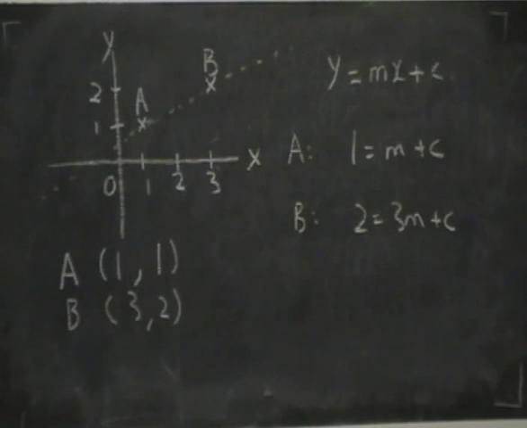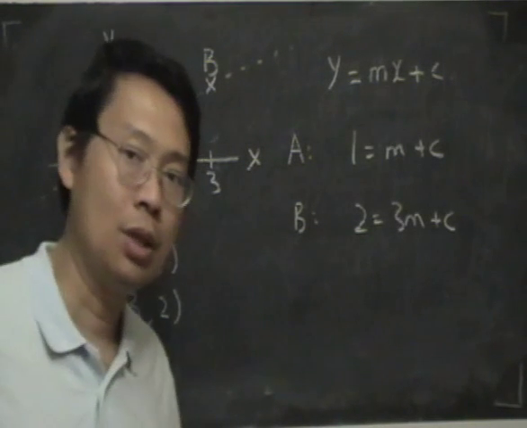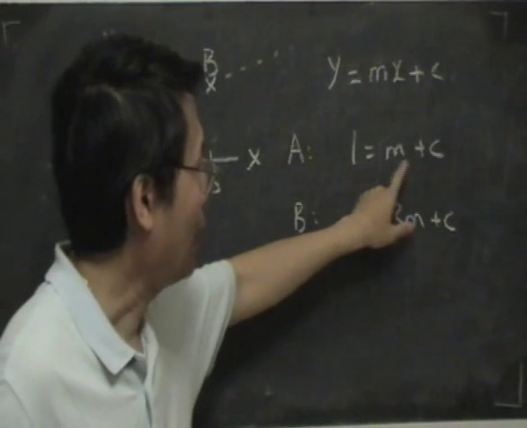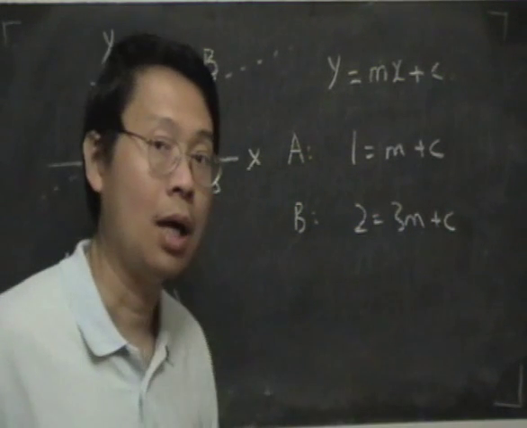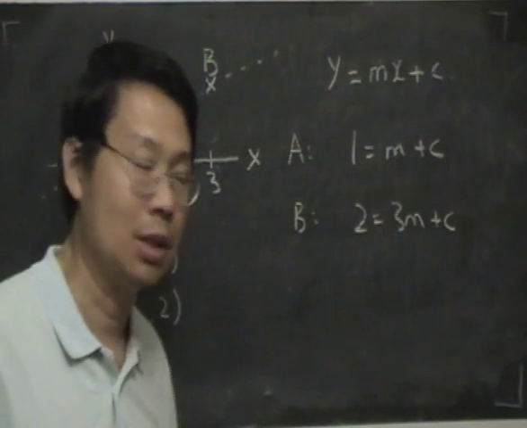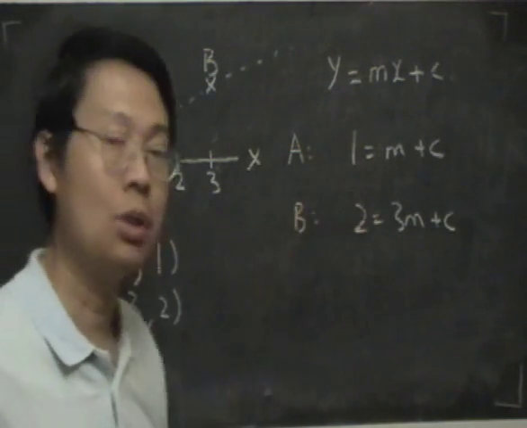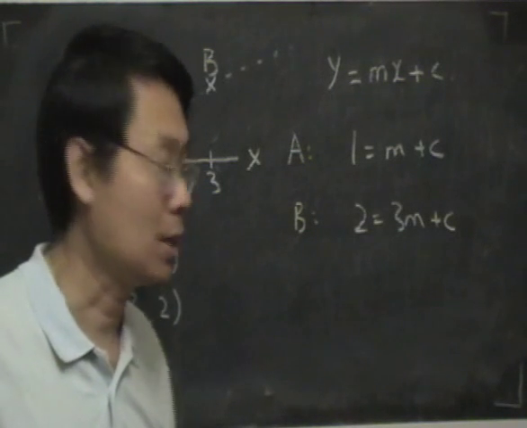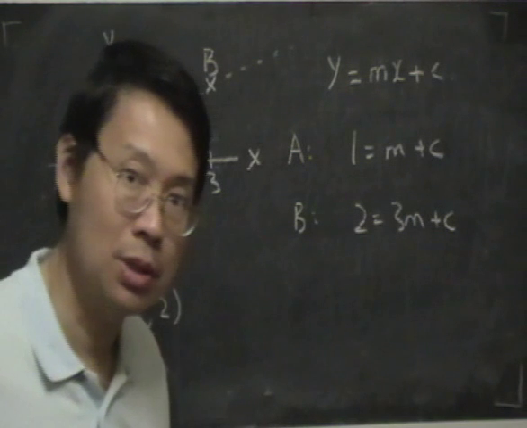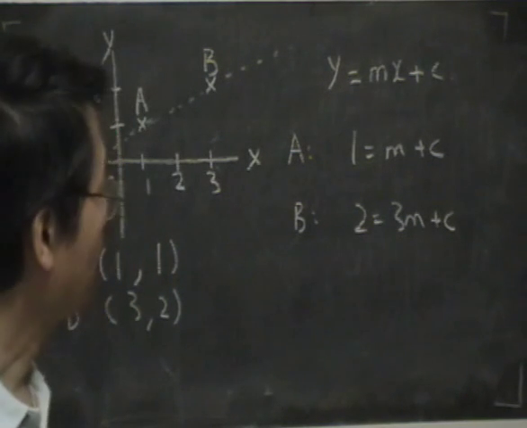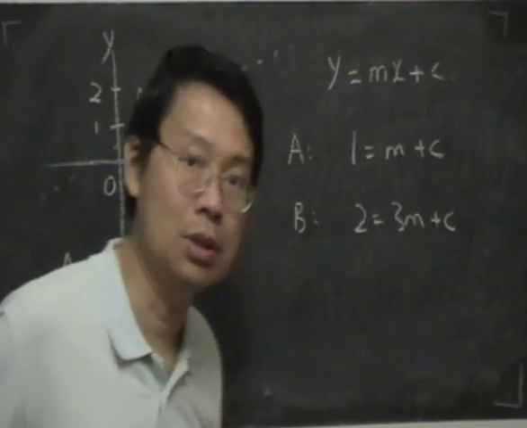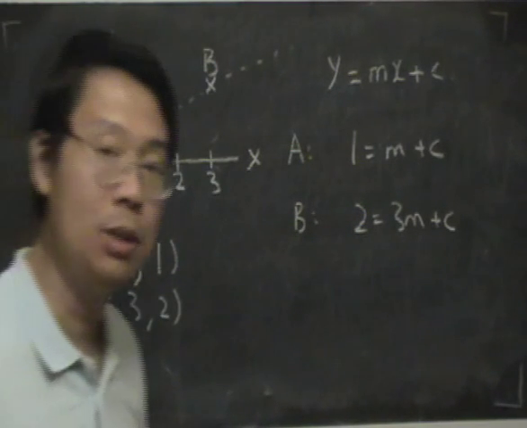So I have 2 equations like that. Now, do they look familiar? I have 2 equations, and m and c are unknowns. We don't know what m and c are, but we happen to have 2 equations containing m and c. So remember simultaneous equations. So this is a set of simultaneous equations, and that means we can solve them.